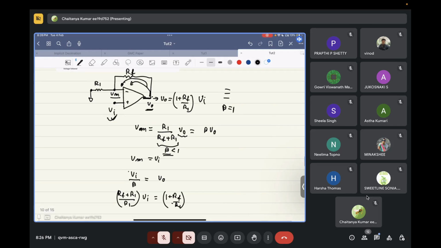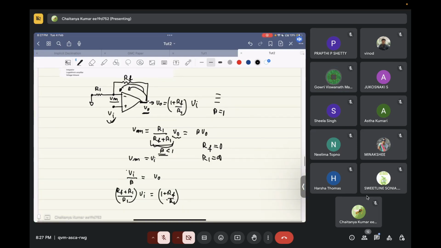How can beta become equal to 1 in this equation? So RF must be very small compared to R1. Or you can say that RF is equal to 0, R1 is equal to infinity. Correct? Yes, sir.